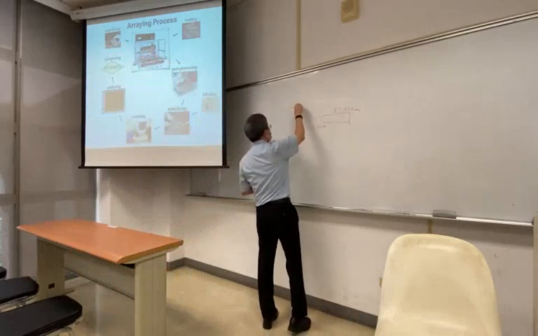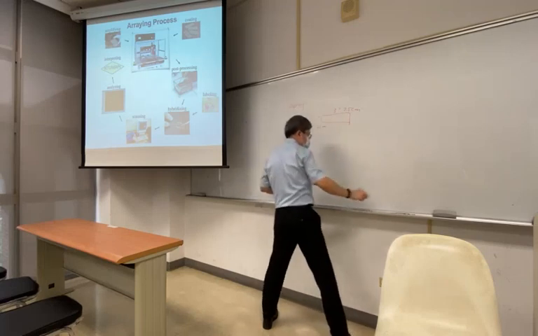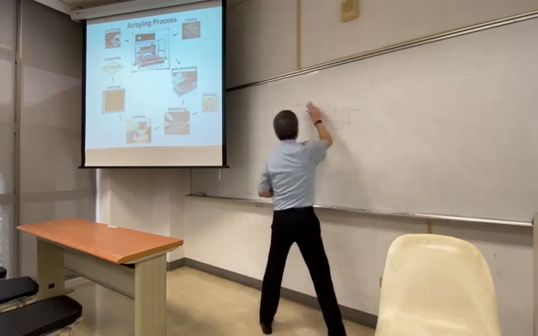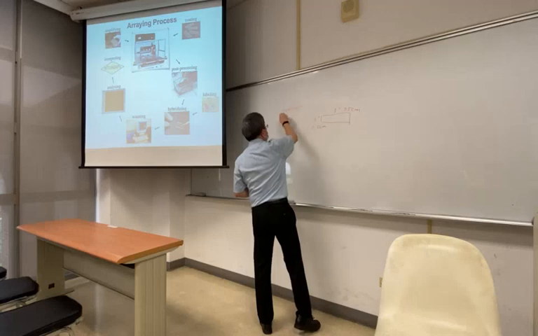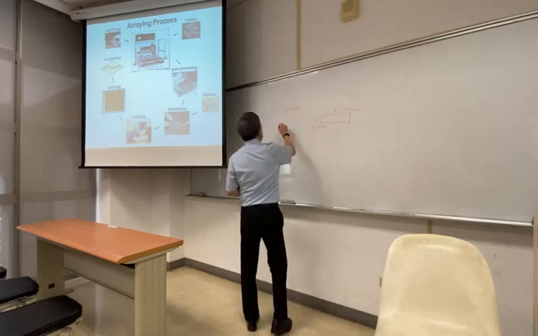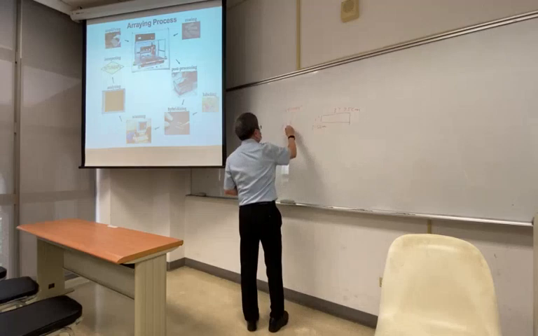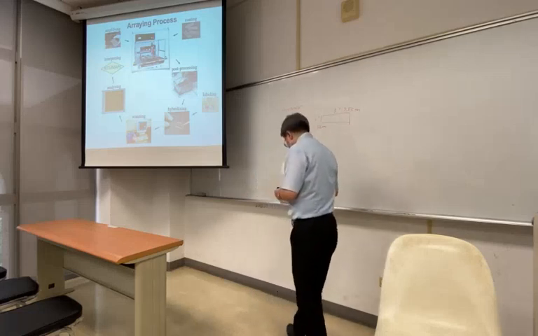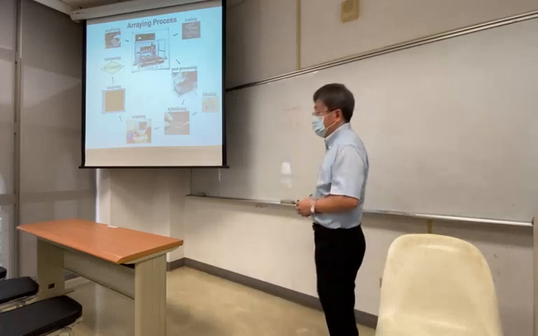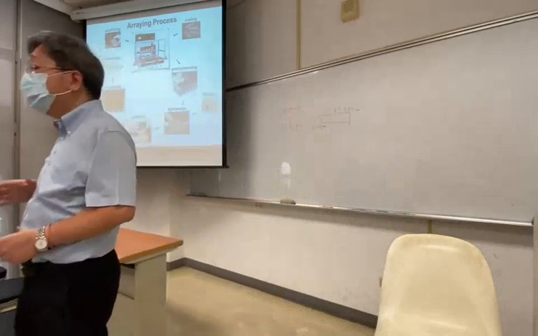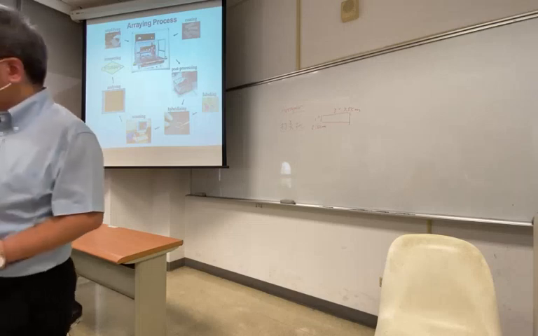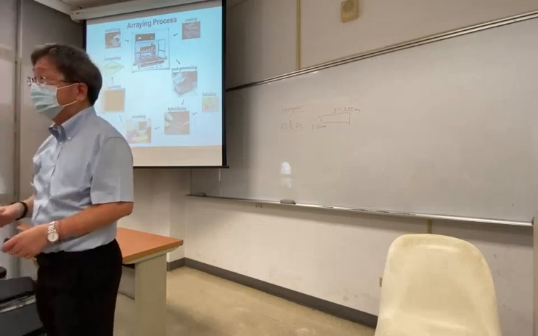This is the array machine, in Chinese we call it 打点机. This is a 3-dimensional robotic system, so you can move either forward, backward, to the right, to the left, and up and down.